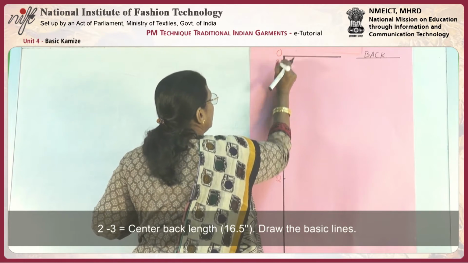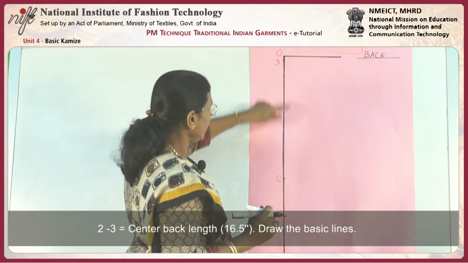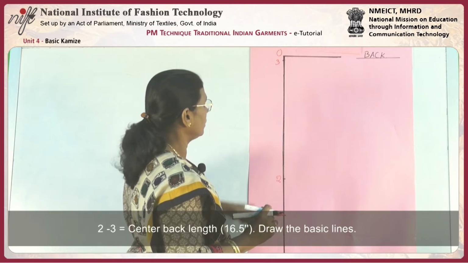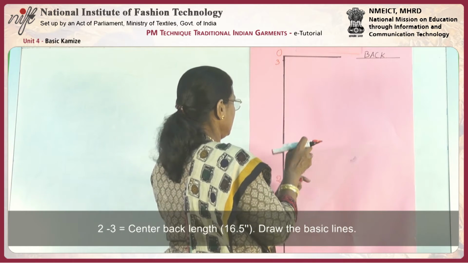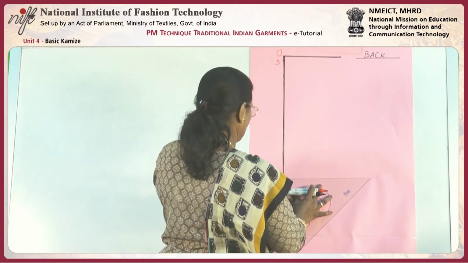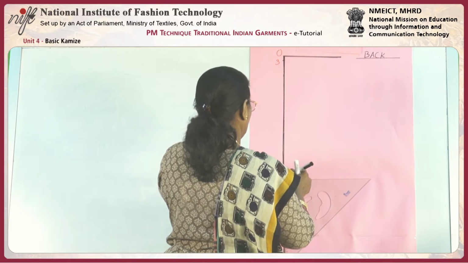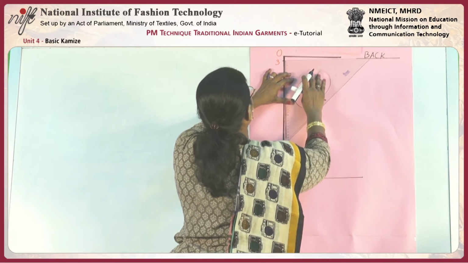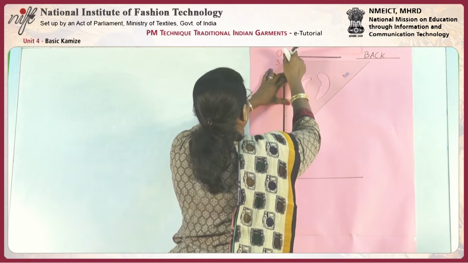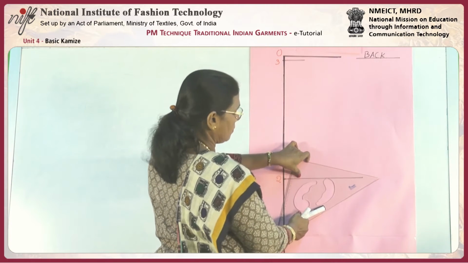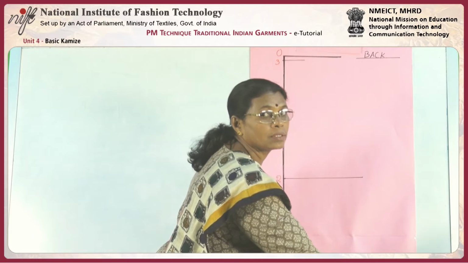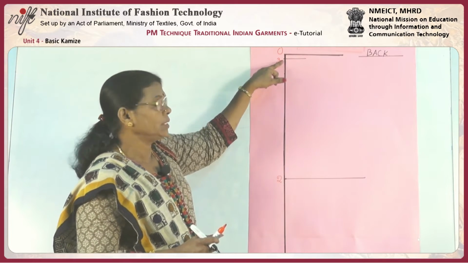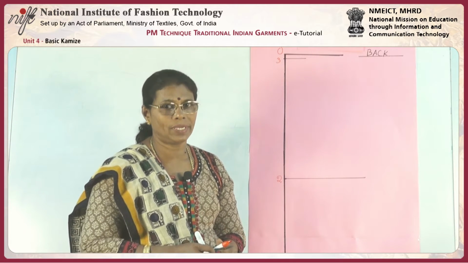This is 3. So this is the difference between the center back length and the full length, high shoulder point length, and draw the basic lines. 2 to 3 is the center back length or the natural waist length.